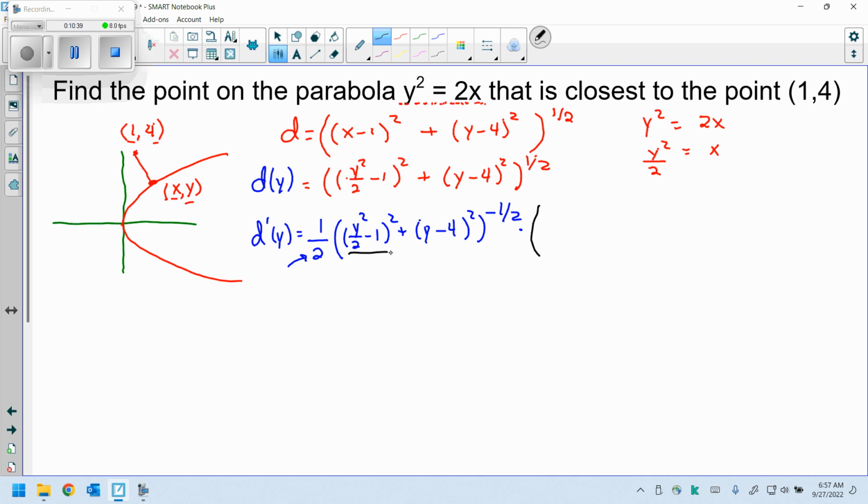I'll have to take 2 times y squared over 2 minus 1 to the first power, times the derivative of what's inside, and the derivative of y squared over 2 is just going to be y.